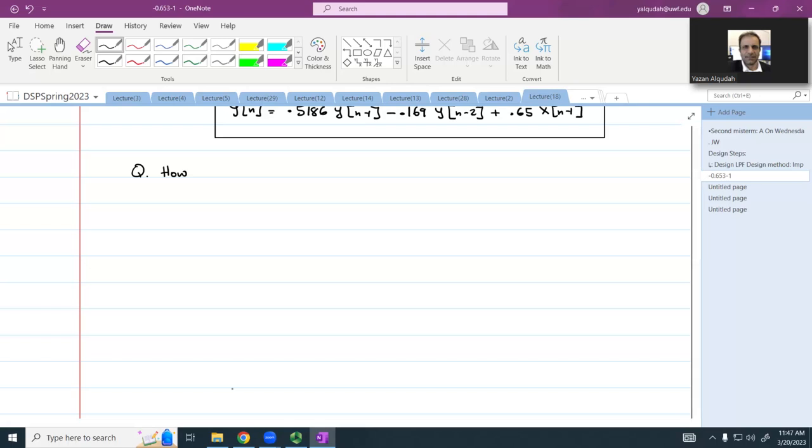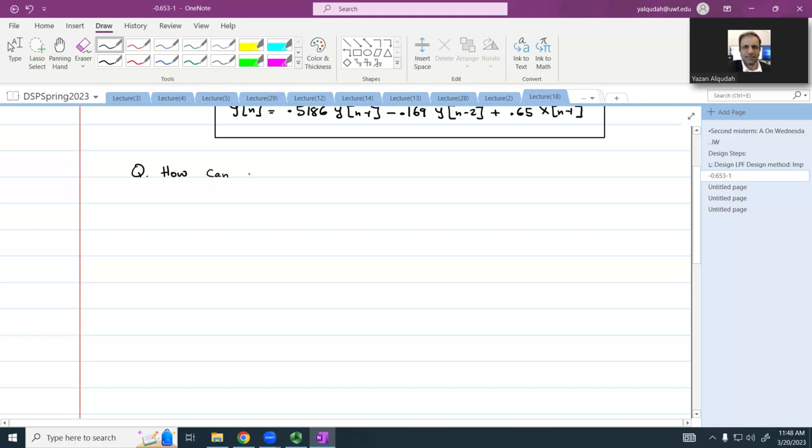Increase the order. Without increasing the order? We can increase the sampling frequency. Although not clear why, but we will see it when we run the MATLAB. But let's, if you like, we can look at what is the impact of the sampling frequency on the filter performance.